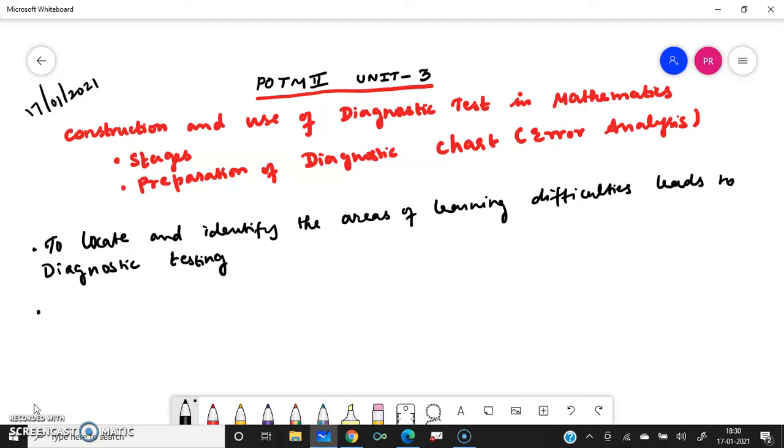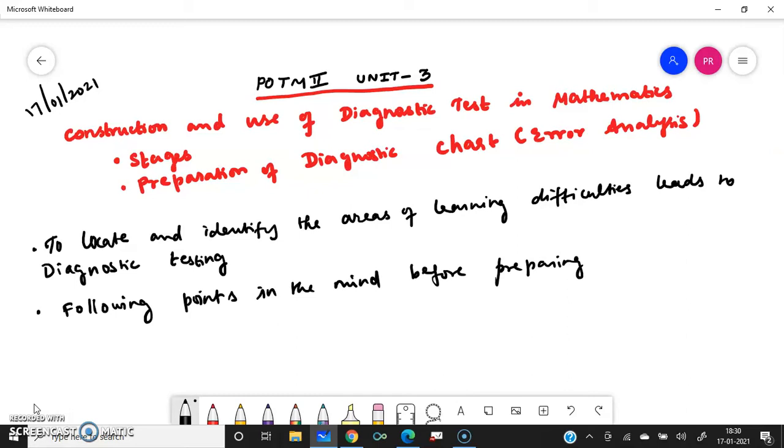You should have the following points in mind before preparing. If you want to prepare the diagnostic test, these are the things you have to understand.